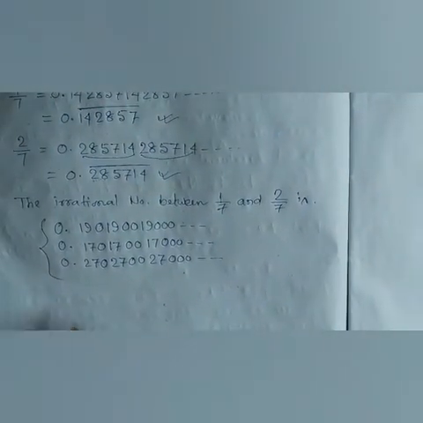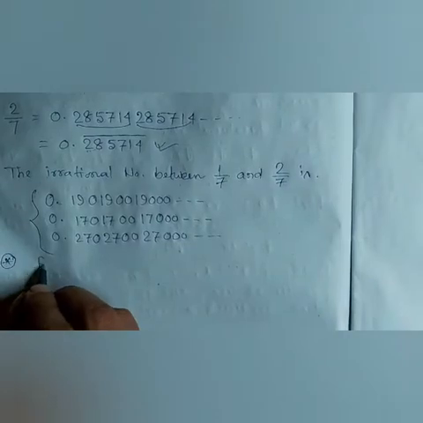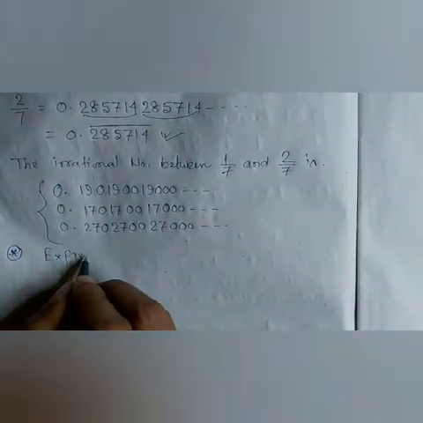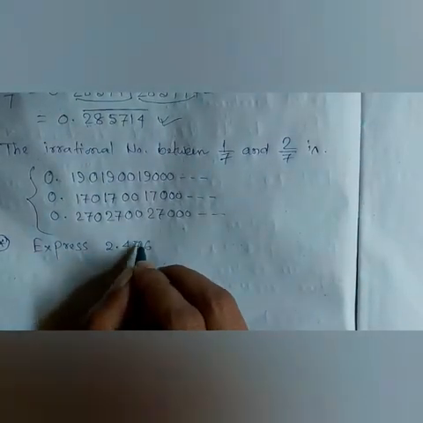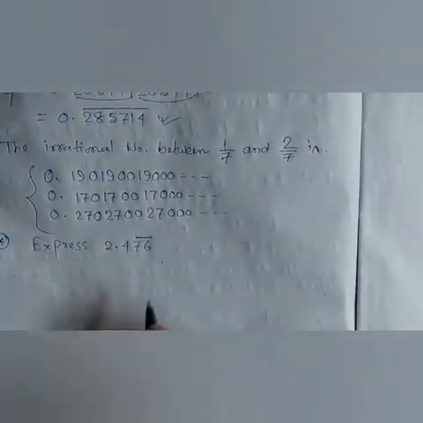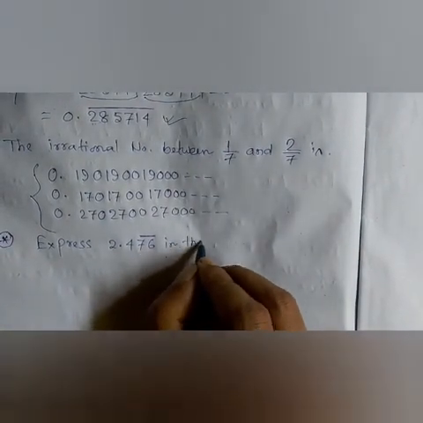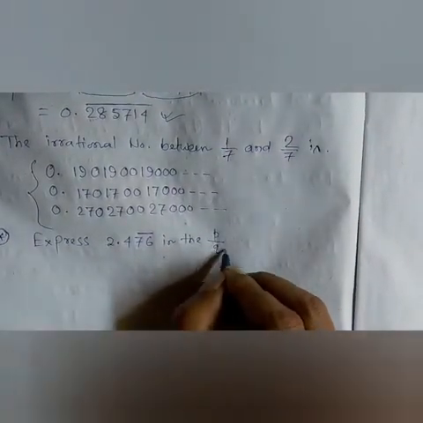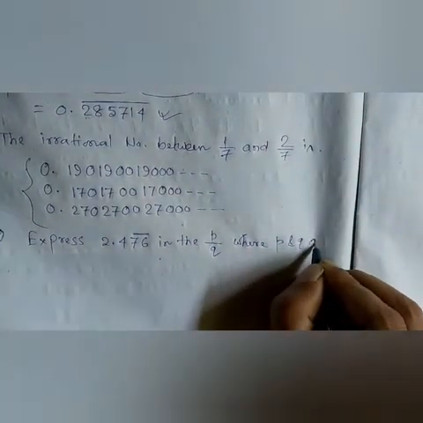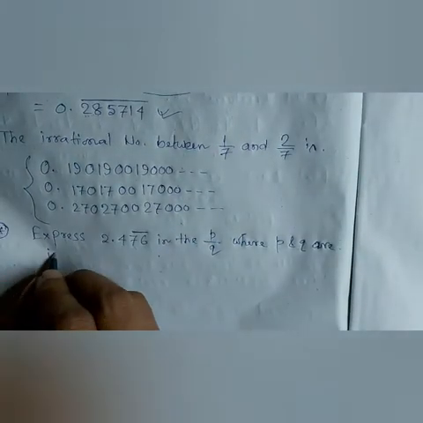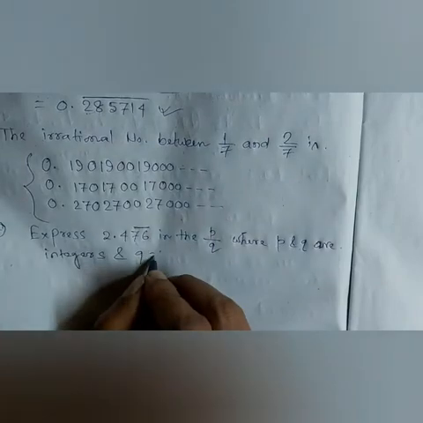Now the next one is very important. The question is: express 2.476 with 76 repeated in the form of p by q, where p and q are integers and q is not equal to 0.